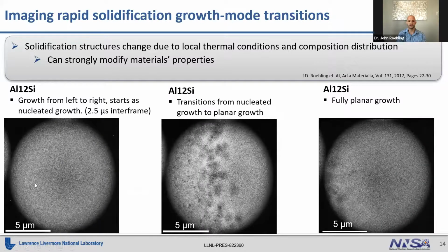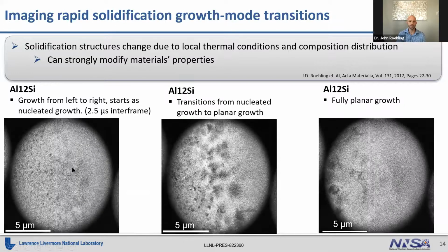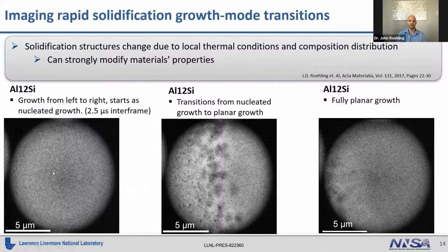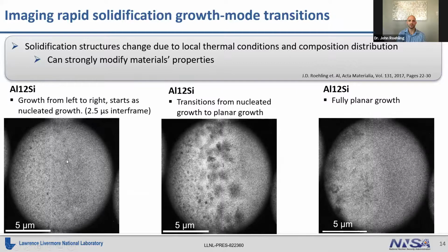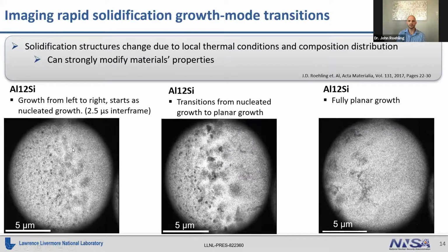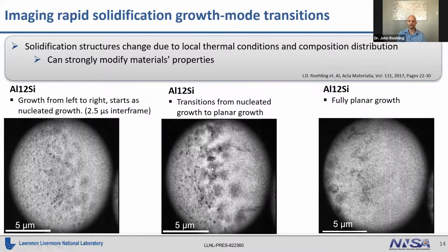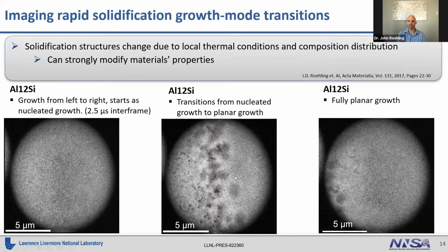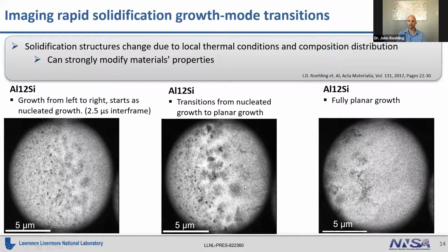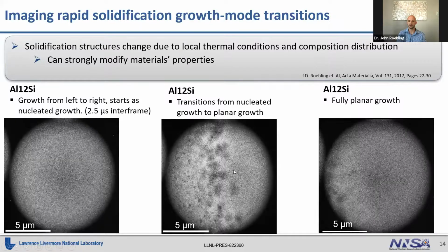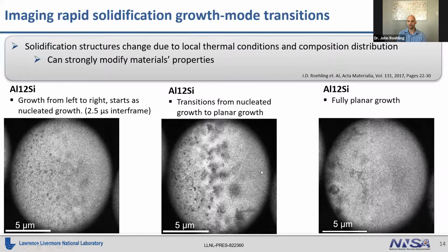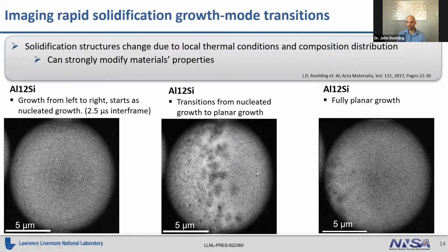And as we move into the melt pool, we can see changes in the solidification mode. Here we have very small nucleated grains moving into larger nucleated grains. And as we move right into the melt pool, we'll see these large nucleated grains transition into a planar growth mode. You can see the solidification moving into this kind of line that moves into the melt.